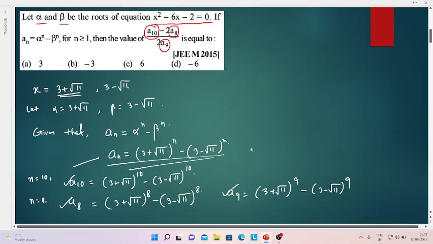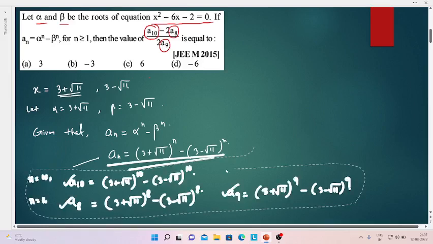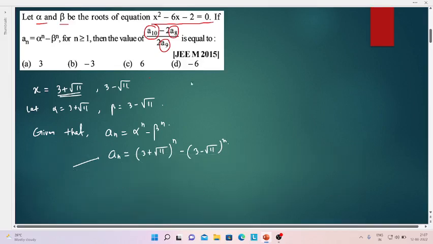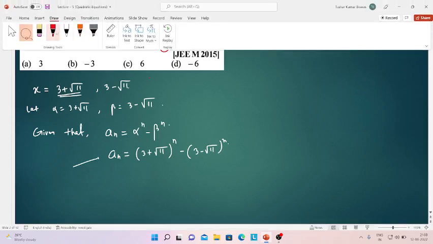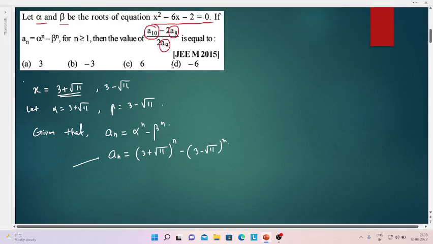Let me first write down what we have to find out, which is (a₁₀ − 2a₈) upon 2a₉, right? So let's put the values.